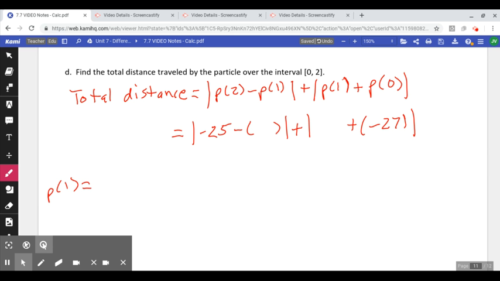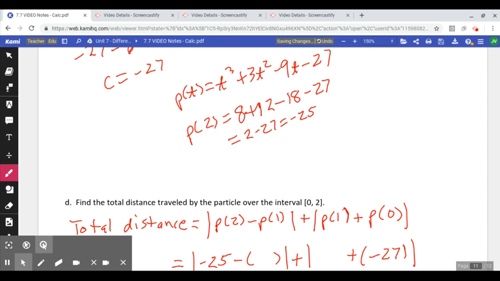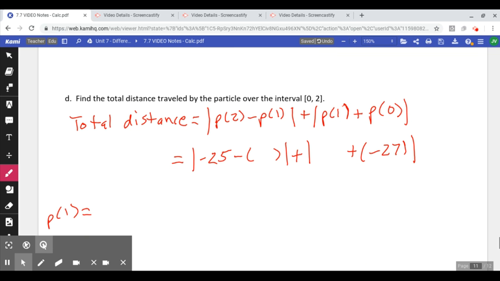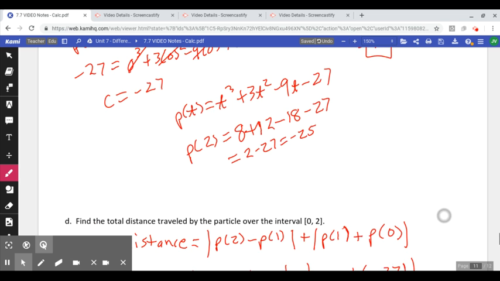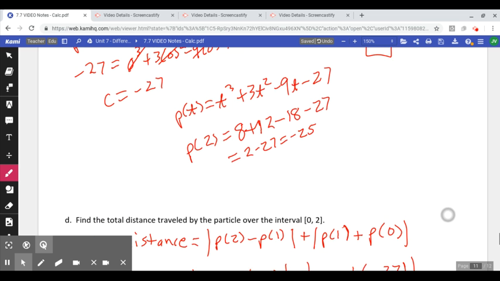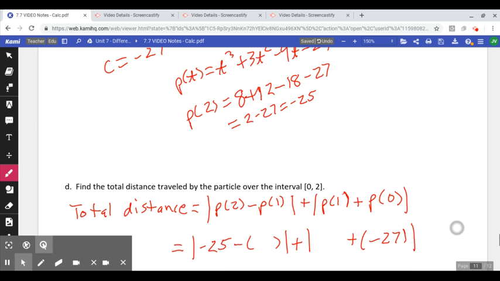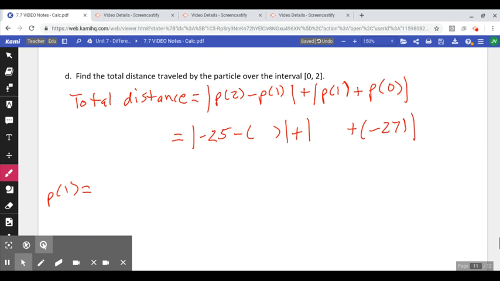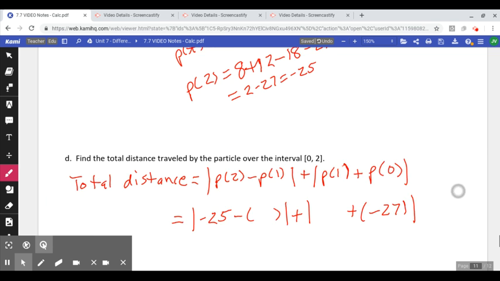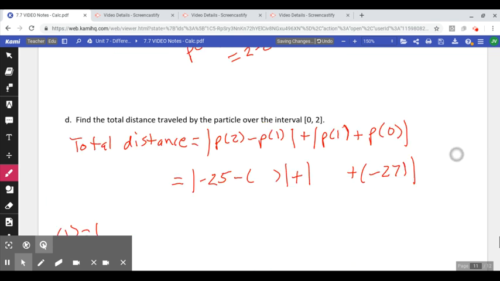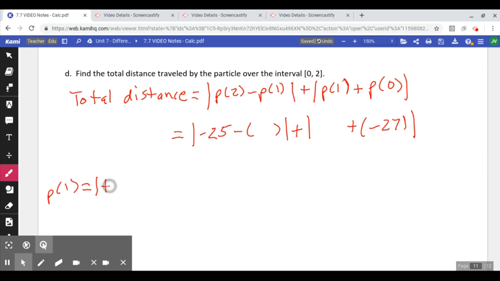So we'll use our expression for that, which is t to the third plus 3t squared. Oh boy, that is not the expression for P of t. Let's go back up here. So P at t is t to the third first, which is 1. And then if we look up here, we've got 3 times 1 squared, so there's your plus 3.